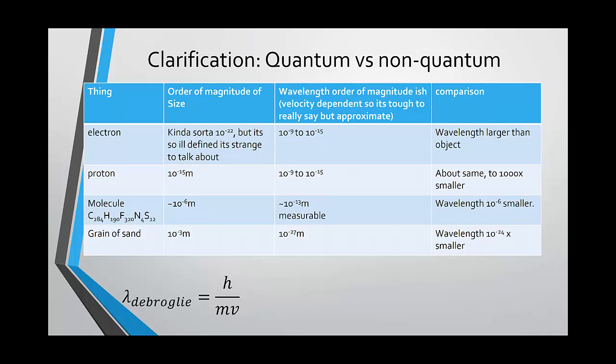Then you can get into a situation like this very large molecule where they were actually able to measure wave-like properties. They were using about 85 meters per second for that. You get 10 to the negative 13th meters. So now we're sitting in a situation where the wavelength is somewhere between 10 to the negative 6 to 10 to the negative 7th times smaller than the molecule itself.